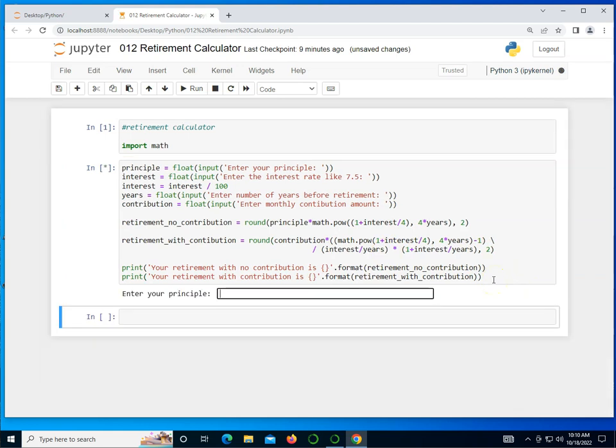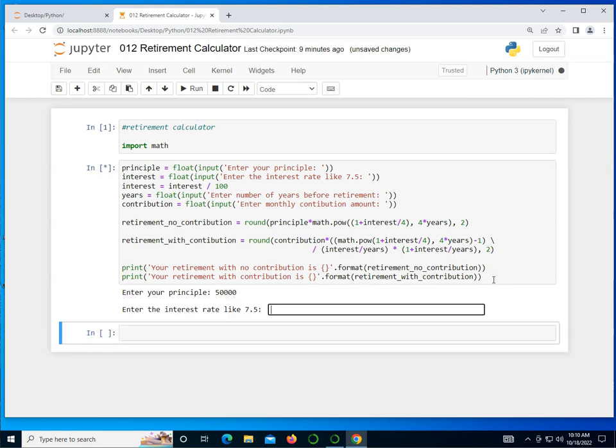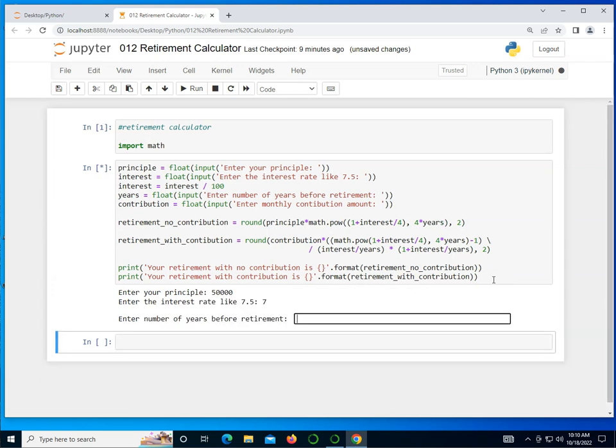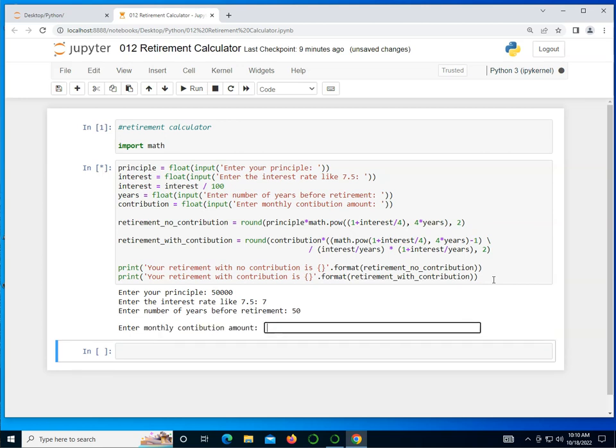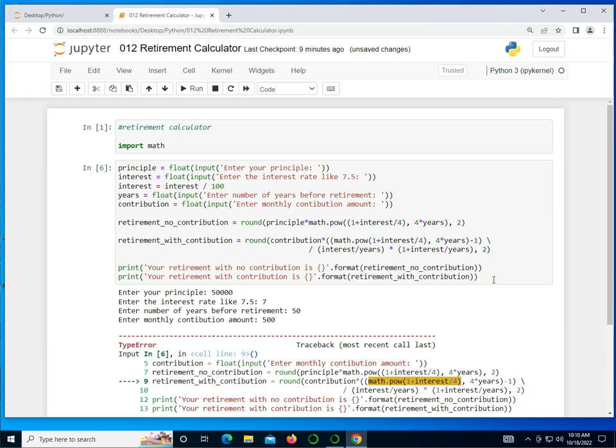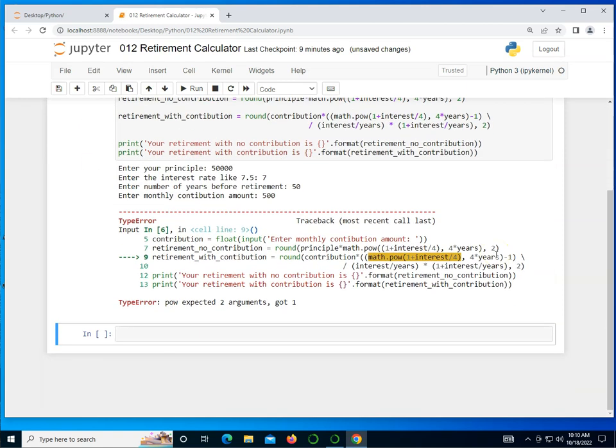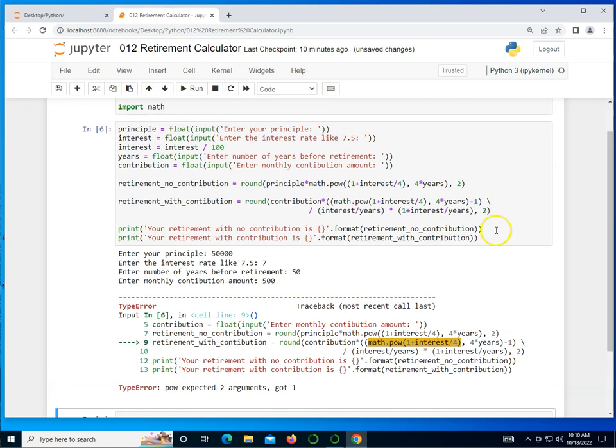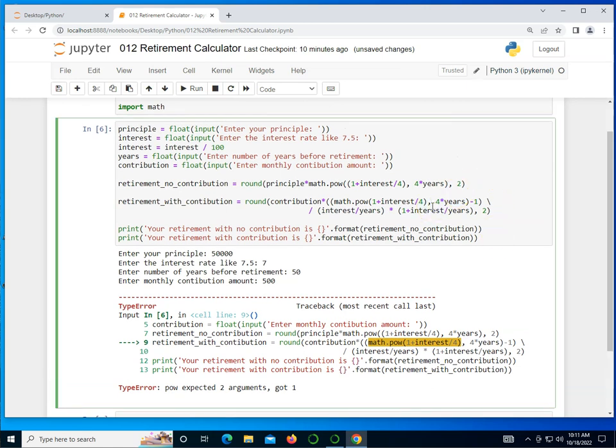So I'm going to start with a $50,000 principal at a rate of, let's say, 7%. And let's say 50 years before retirement, and the monthly contribution amount of, say, $500. And I got all this wonderful error message here, and I can see that I made a mistake. So I can see where the parentheses issue was apparently.